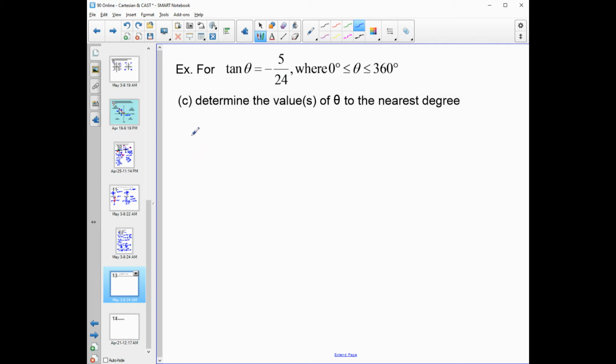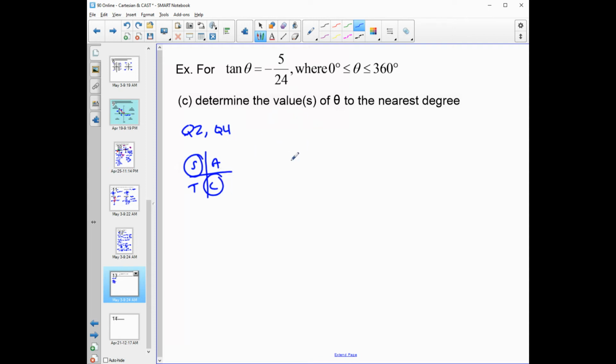In this case, we knew that we ended up with answers in quadrant 2 or quadrant 4. Where did that come from? That came from the CAST rule. Tan is negative, which means it must be in quadrant 2 or quadrant 4.